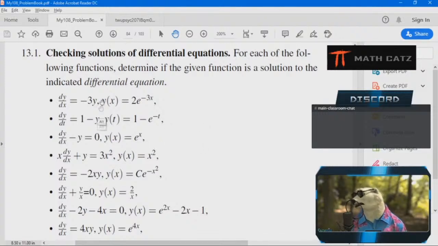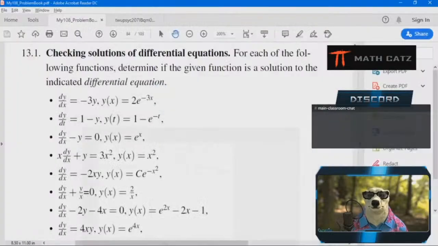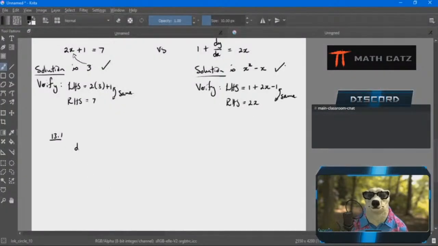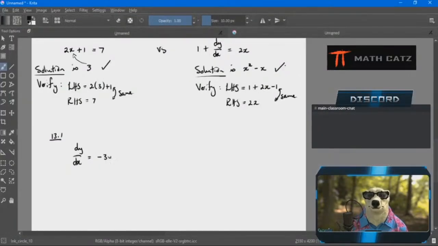So let's just do the first dot in 13.1, for example. I have a differential equation first. It is dy/dx equals negative 3 times y.